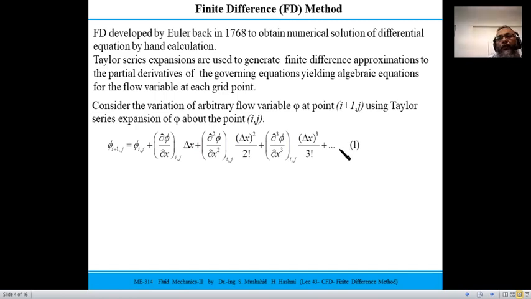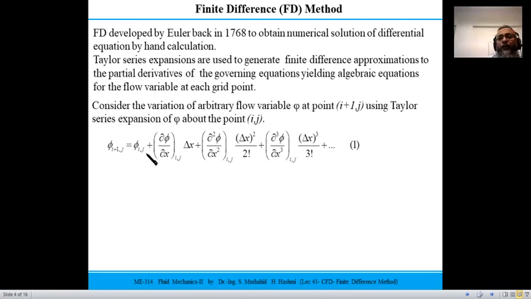So any flow variable phi at the point i plus 1, j can be expanded. In order to get information at the point which is one unit in the forward direction, we need knowledge of the variable at the point before that.